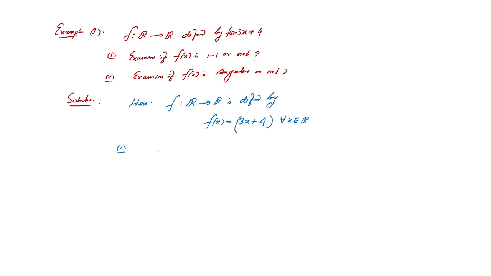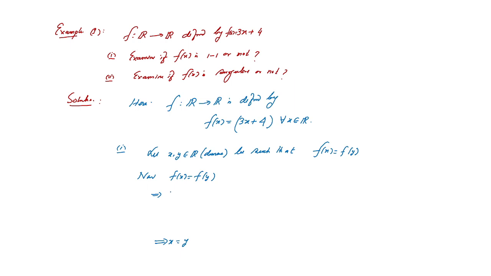In the first case, let x, y belong to R, R being the domain, be such that f(x) = f(y). If I show f(x) = f(y) implies x = y, then we can write f is injective.